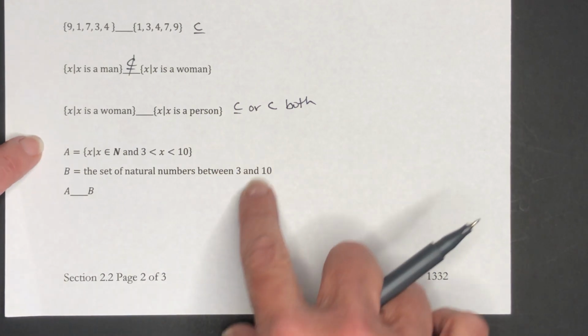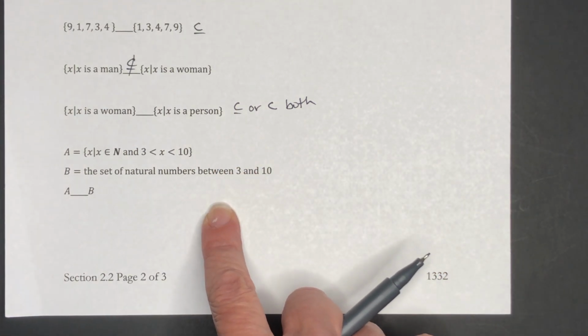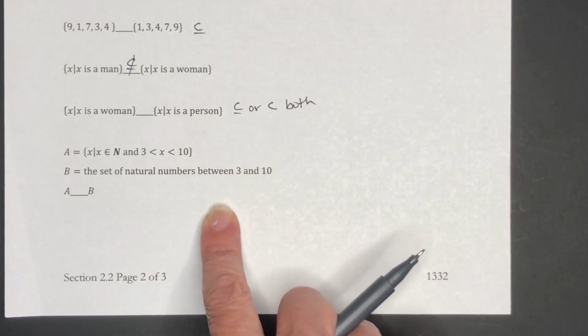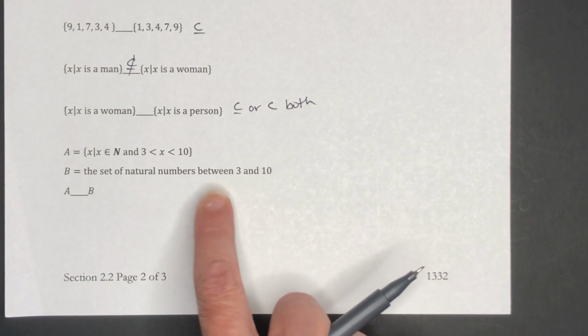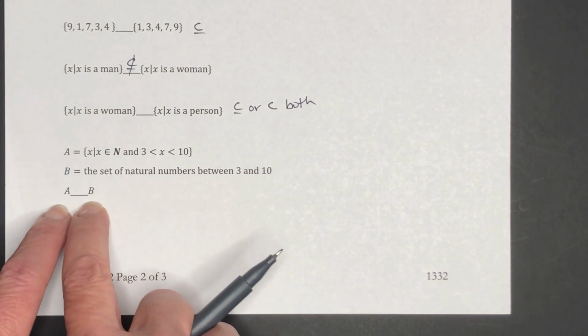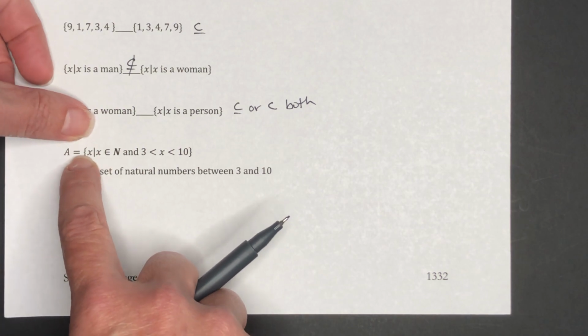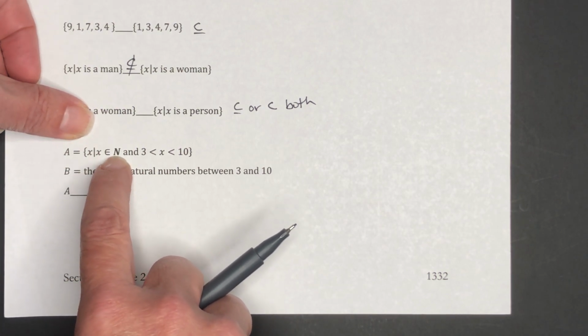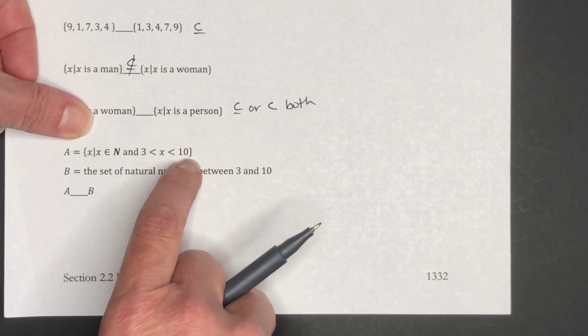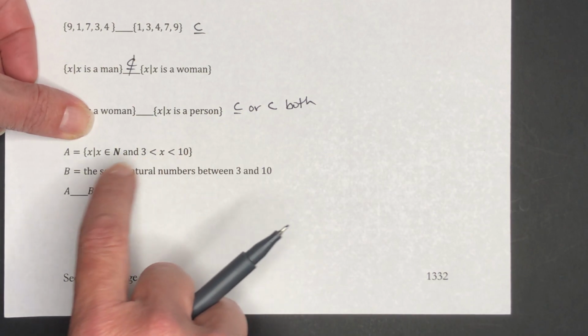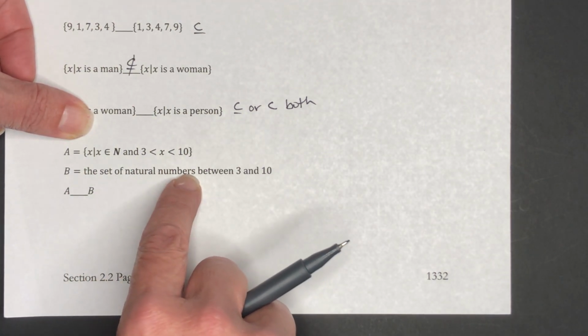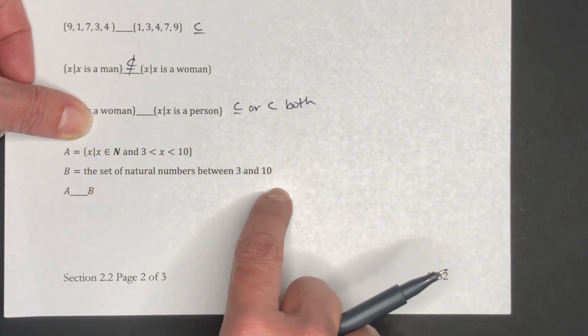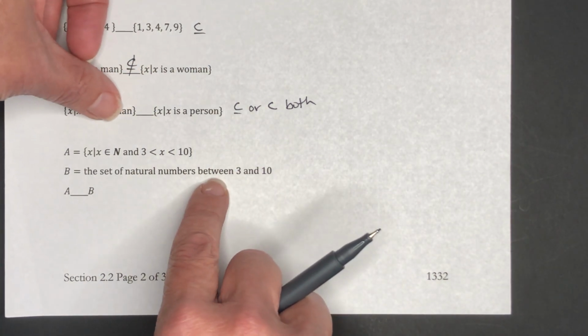Now here we've got two different sets. They've given us A and B, and they've defined them for us, and they want us to determine what we can put in here. This says A is a natural number between 3 and 10. And this is the set of natural numbers between 3 and 10. Well, I just said the same thing, right?